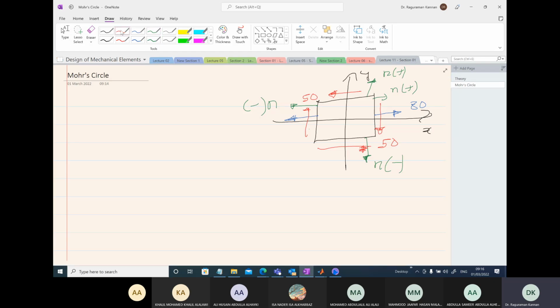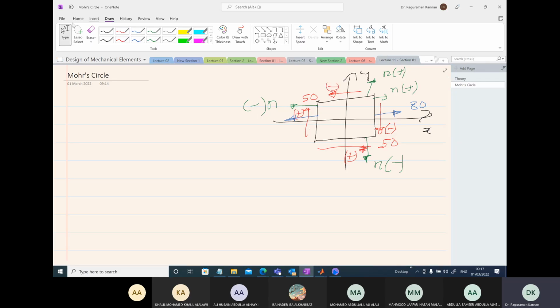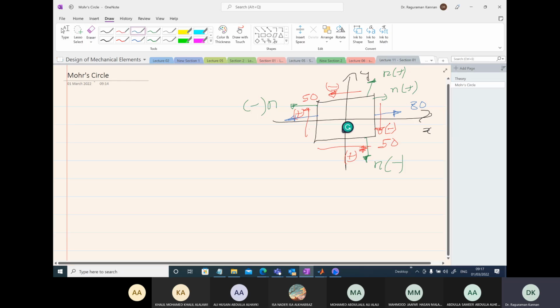Let's get the signs for the shear part. Here it is in the negative direction. Here it is in the positive direction. Here in the negative direction, positive direction. What about the normal stresses? Positive. And here negative. We don't have sigma yy.